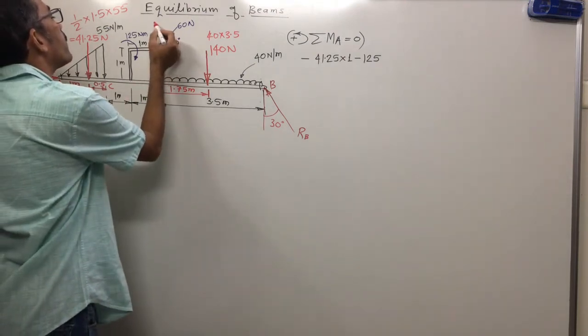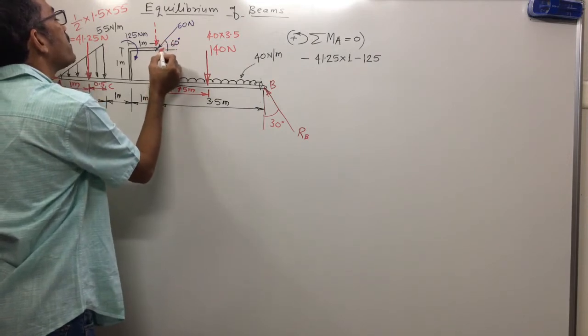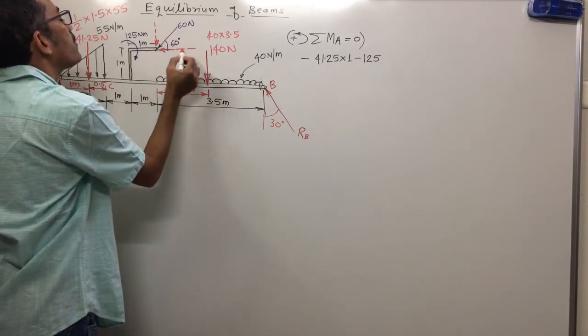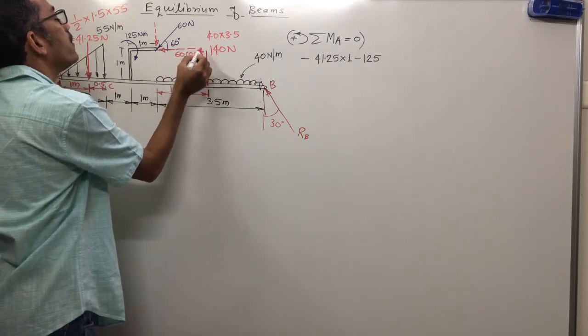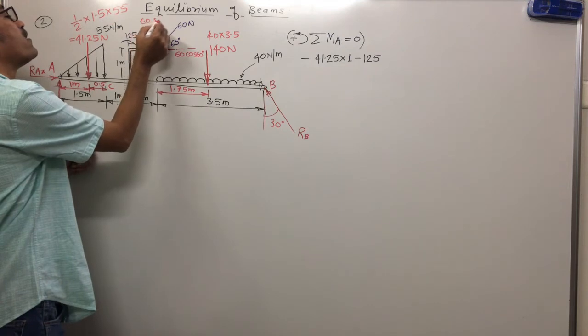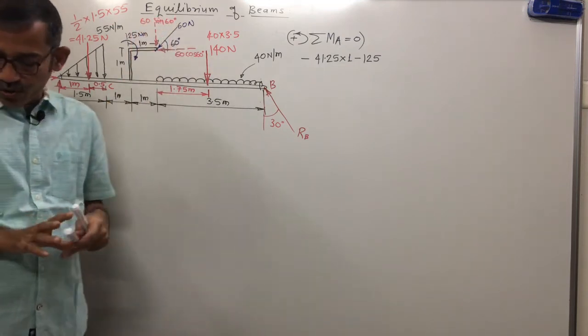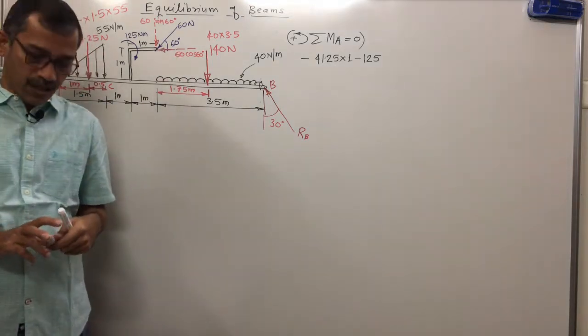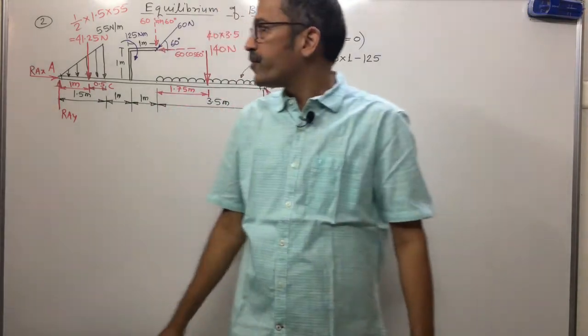I'll resolve. This one is a sine component, 60 sine 60. This is 60 cos 60. Take separately moment of these two components, because moment of any inclined force is equal to the sum of moments of its components.